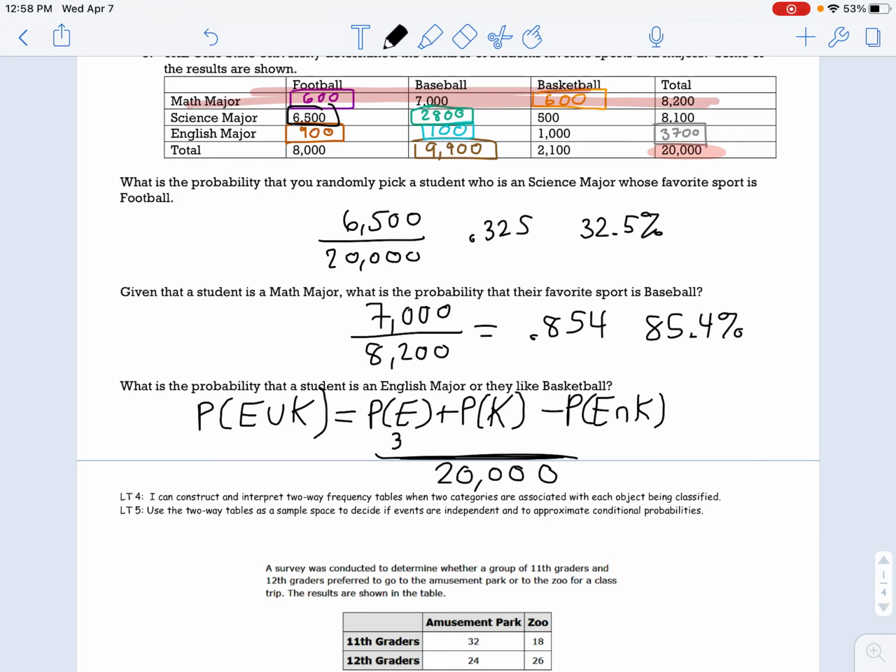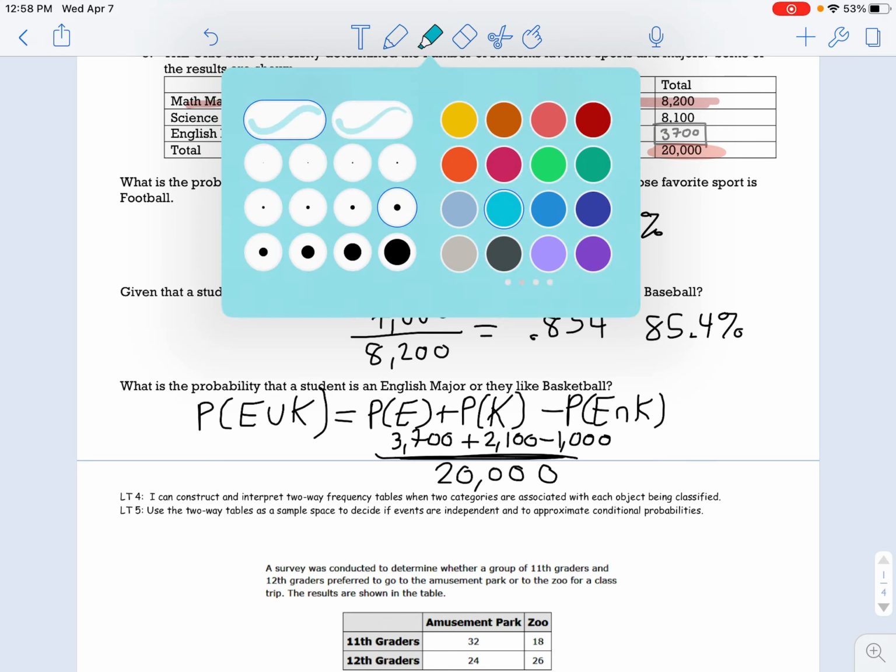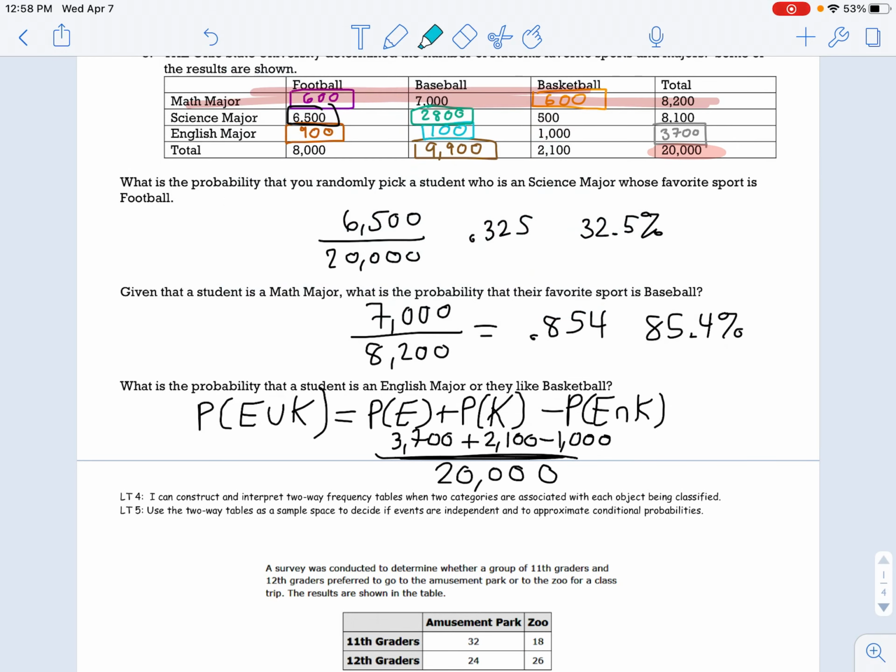So English majors, how many English majors are there? There's 3,700 of them. How many basketball fans are there? 2,100. And English majors whose favorite sport is basketball, well, we double counted those twice. That's 1,000. And just to be clear, what I mean by double counting is like we have English majors. So the 900, 100, 1,000 all adds up. And something might be a little bit wrong with this table, but it's too late now.